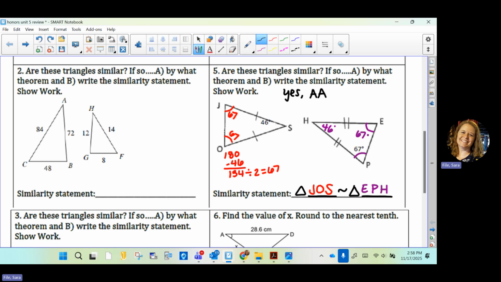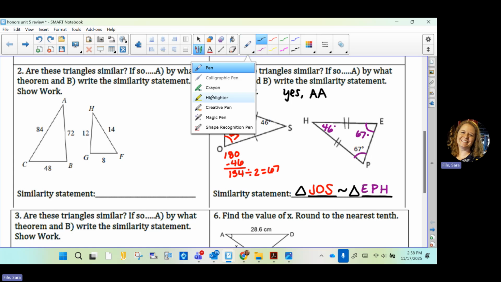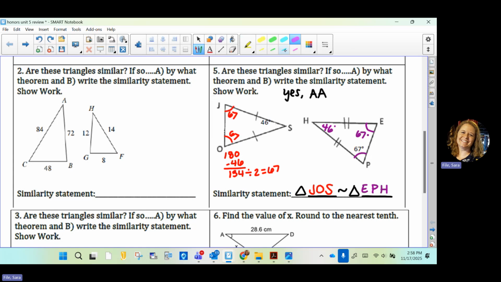Again, remember our 3 theorems are angle, angle, side, or side, side. In this image, there is no angle marked or labeled, but all 3 sides are labeled in both triangles. So if they are similar, it's definitely going to be by side, side. To check it, we have to put corresponding sides together and make sure the ratio is the same.